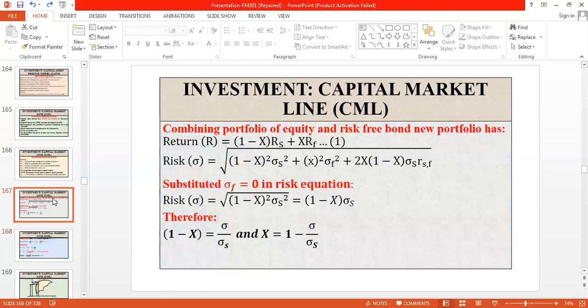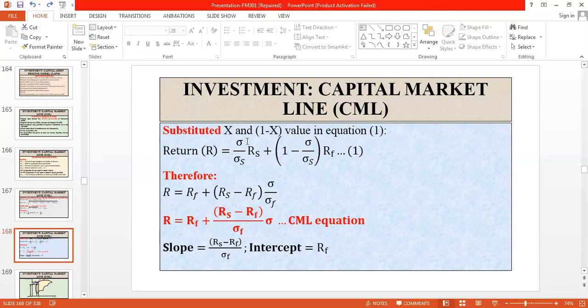In place of x, we are writing 1 minus sigma by sigma s, and in place of 1 minus x, we are writing sigma by sigma s. So this is the value of x, and this is the value of 1 minus x. Then we are rearranging it, and after rearranging, we are getting this result. So this is the equation of the capital market line.